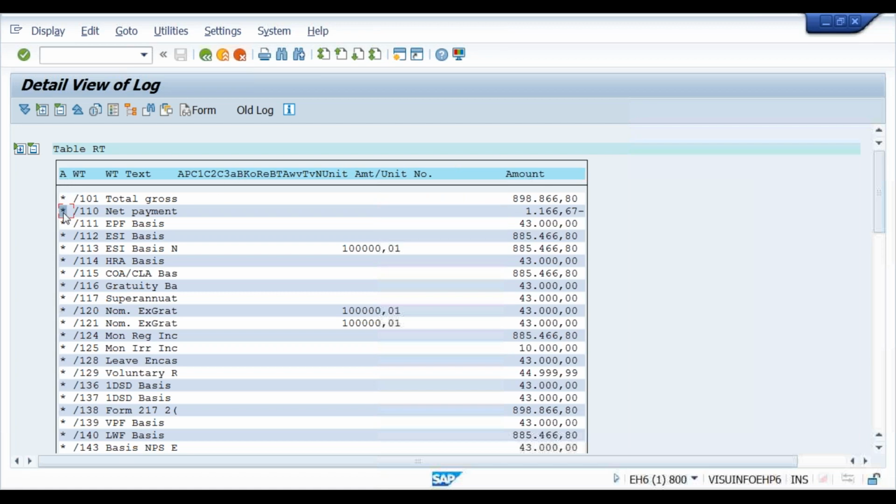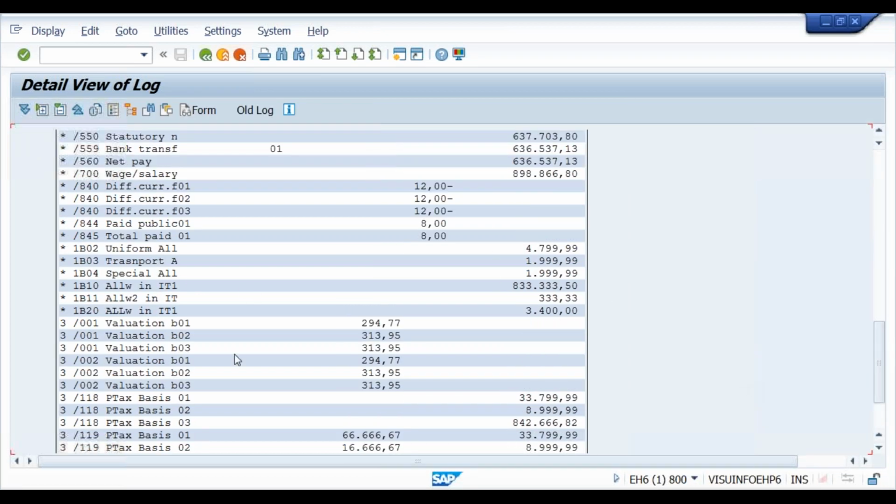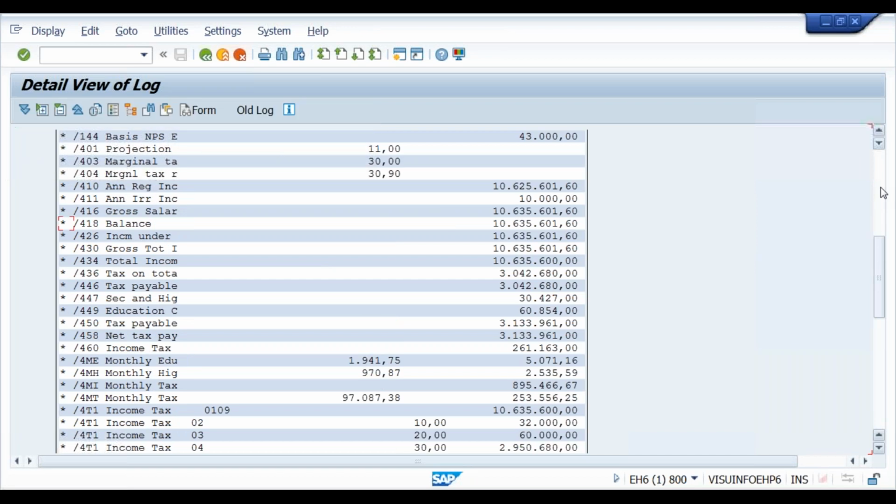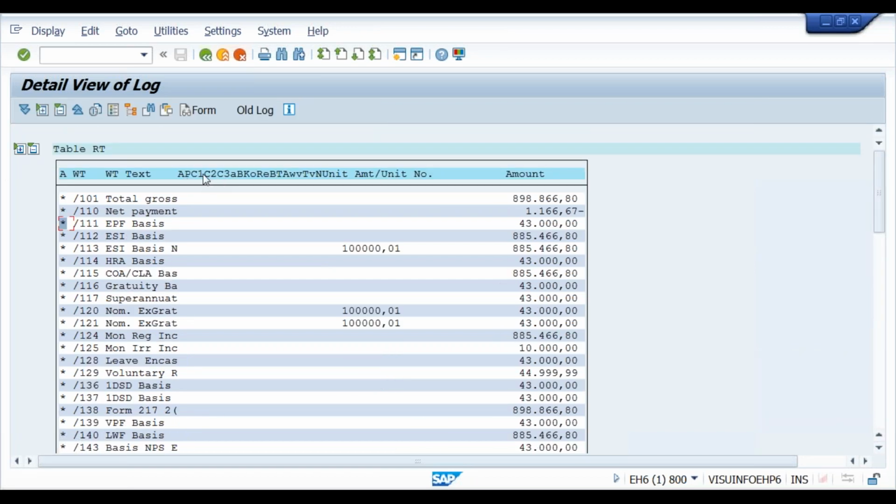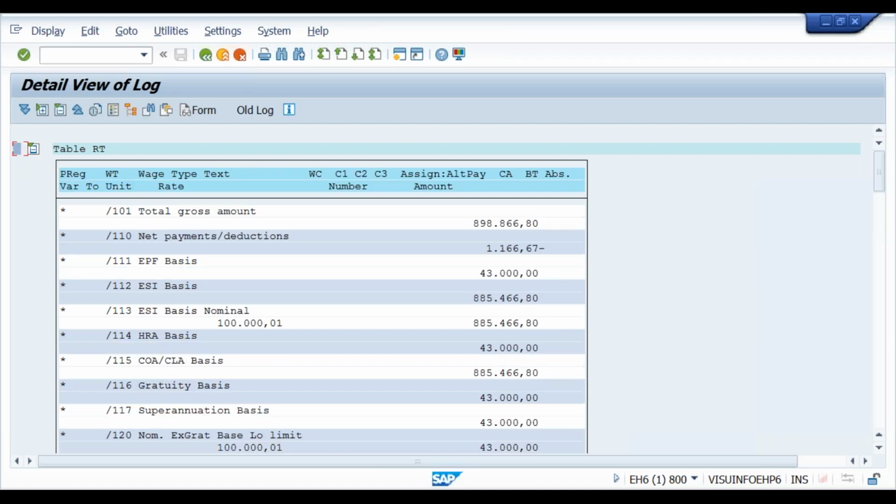You see, there is a star over here, right? There is a 3 for some other waste types, right? And also we have some indicators here. Okay, AP is one indicator, C1, C2, C3. Like this. If you expand, you can see them clearly. What are those indicators? You see, waste type code, waste type text.